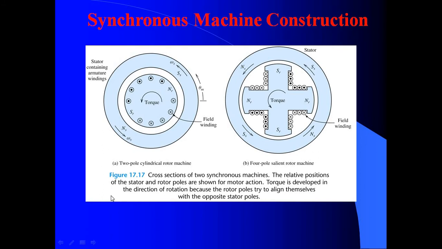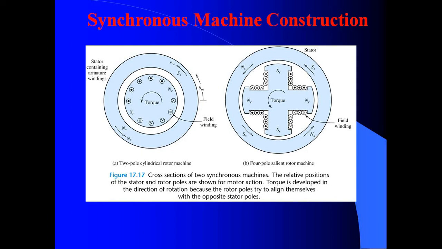Here is the synchronous machine construction: a two-pole cylindrical rotor machine. The salient pole type of rotor means high speed, and the diameter of the cross section is minimum while the axial length is high.